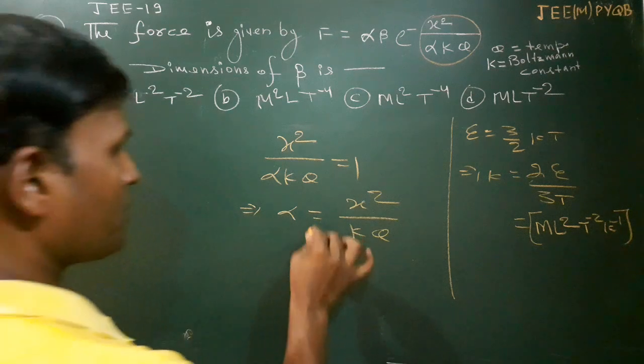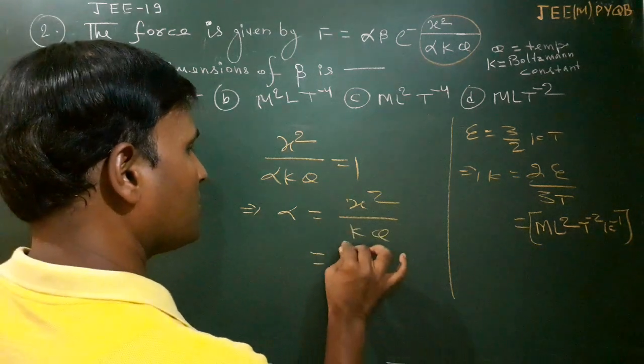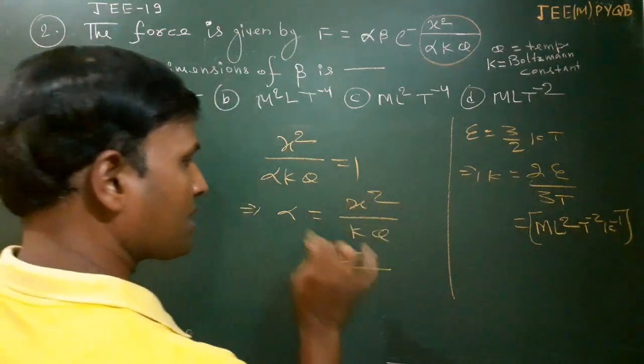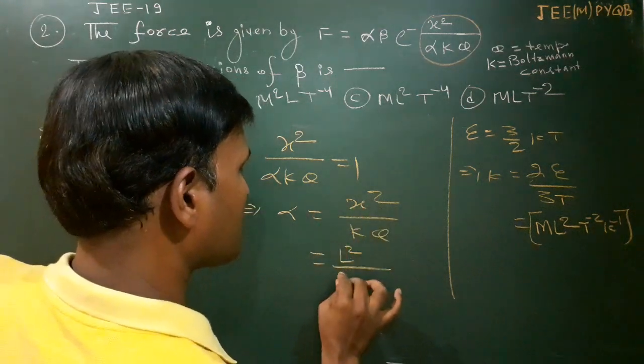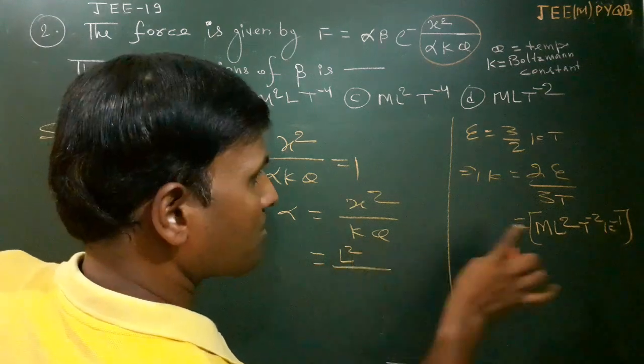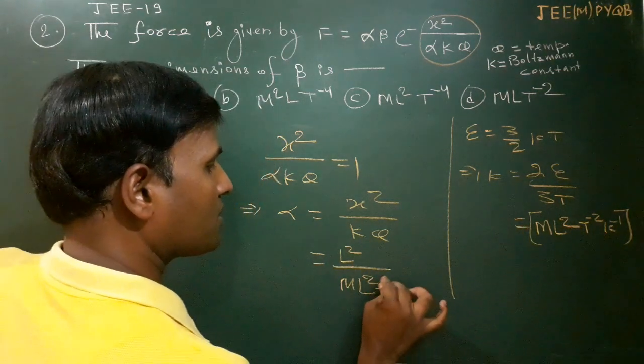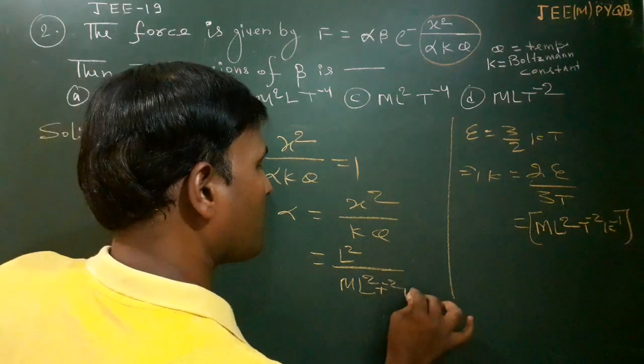Now see here, put the value of L2, that is the dimension of x, and K is temperature, so put in the Boltzmann constant M L2 T minus 2 K minus 1.